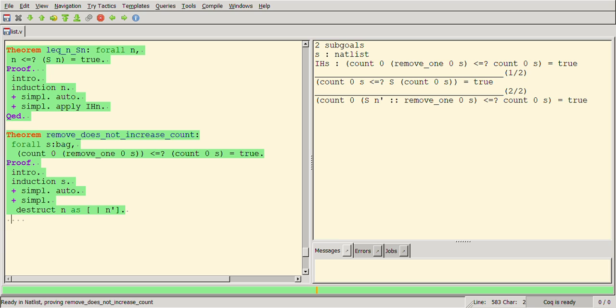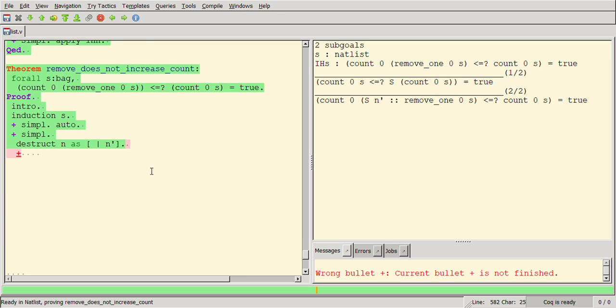Now we can continue with executing these subgoals. Sorry, because we have already used the bullet plus at this level, so now we have to use the minus bullet.